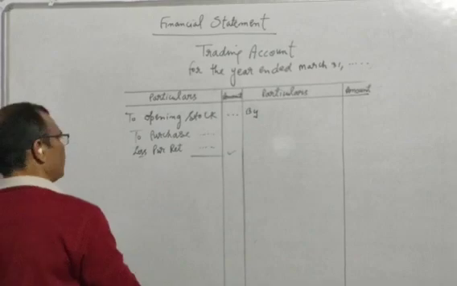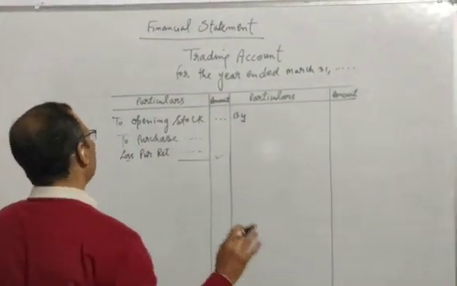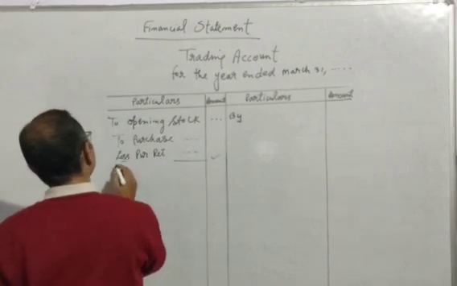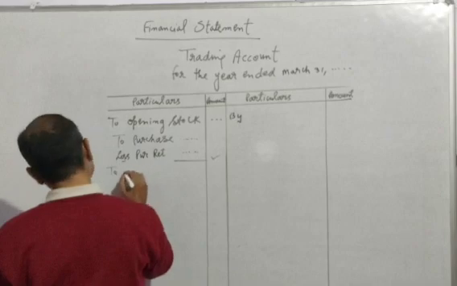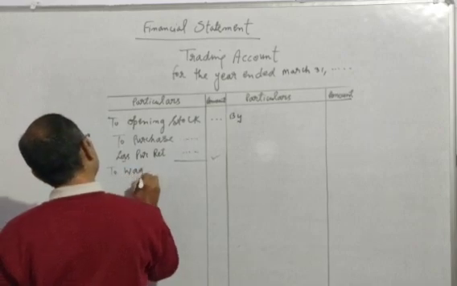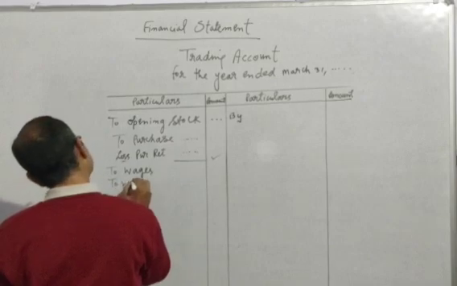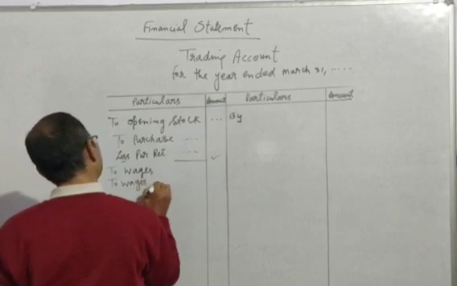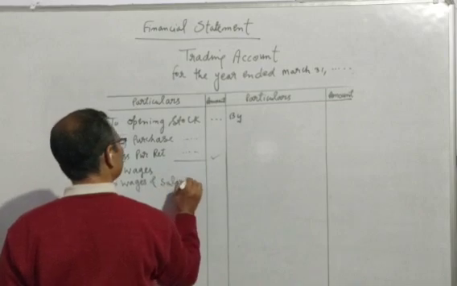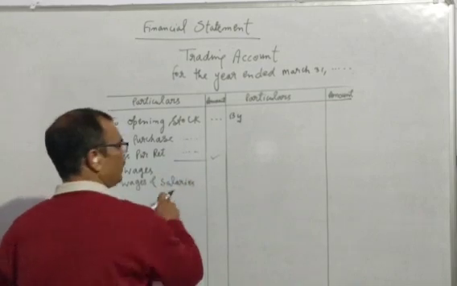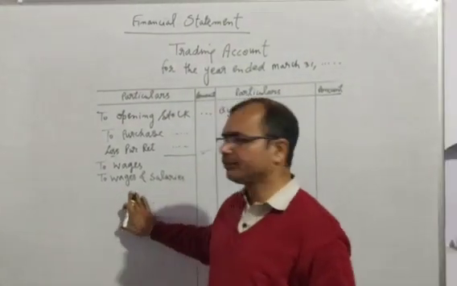Now we will see some other expenses that are written in the debit side of the trading account. We will write wages. The next one is wages and salary. This item is very important. You should be clear about this expense.